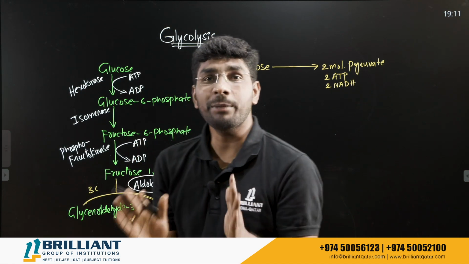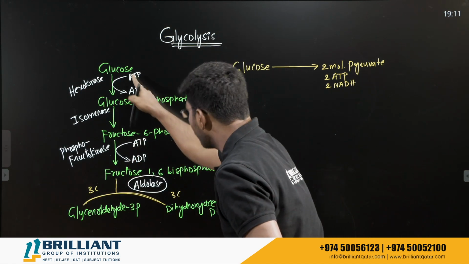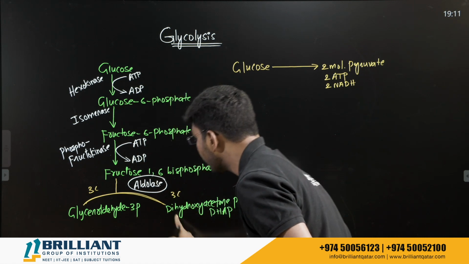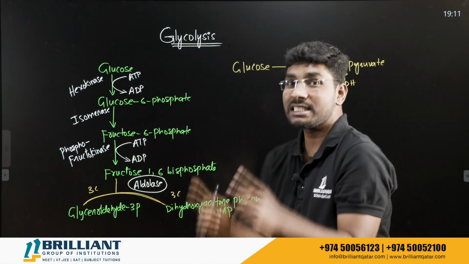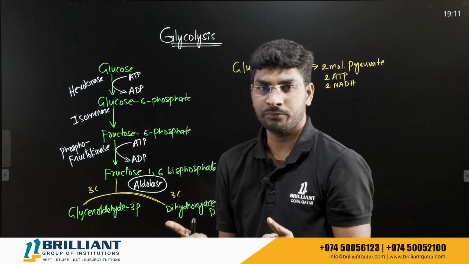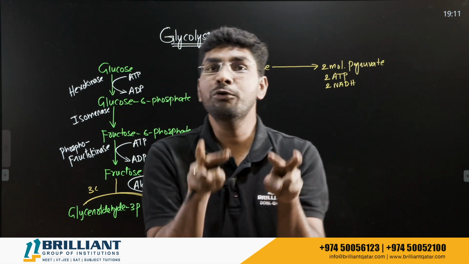Now, students, keep in mind, from glucose to fructose 1,6-bisphosphate dividing into two 3 carbon compounds, till here is phase 1 of glycolysis. So glycolysis is completed in 2 phases.